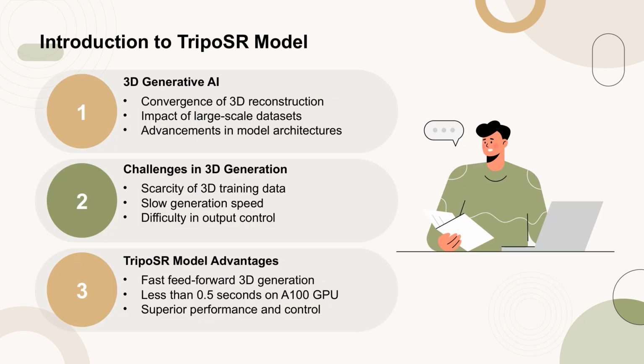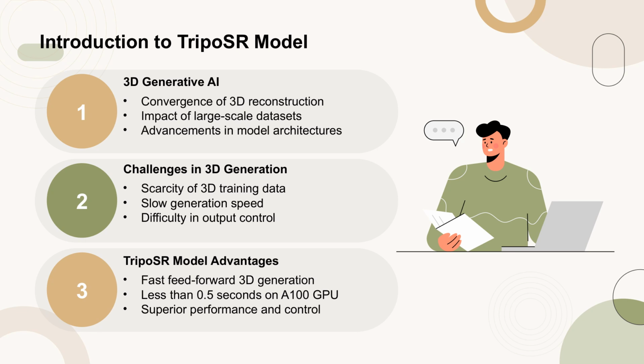The field of 3D generative AI has seen significant advancements, particularly in the convergence of 3D reconstruction techniques and the influence of large-scale datasets and improved model architectures. However, challenges remain, such as the scarcity of 3D training data, slow generation speeds due to extensive optimization, and difficulties in precisely controlling the output models.